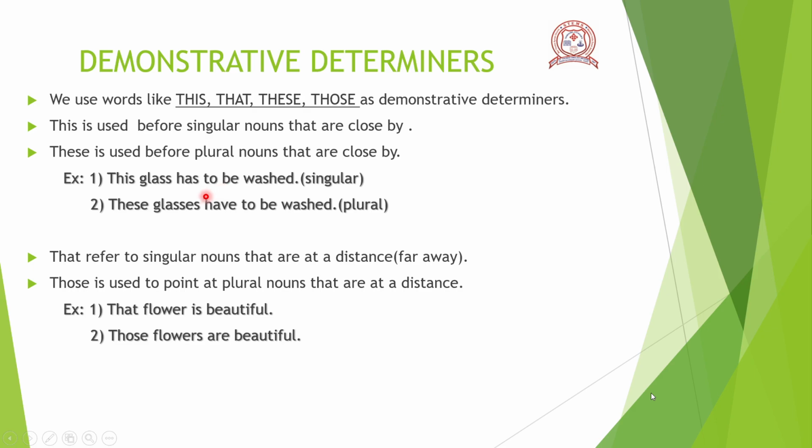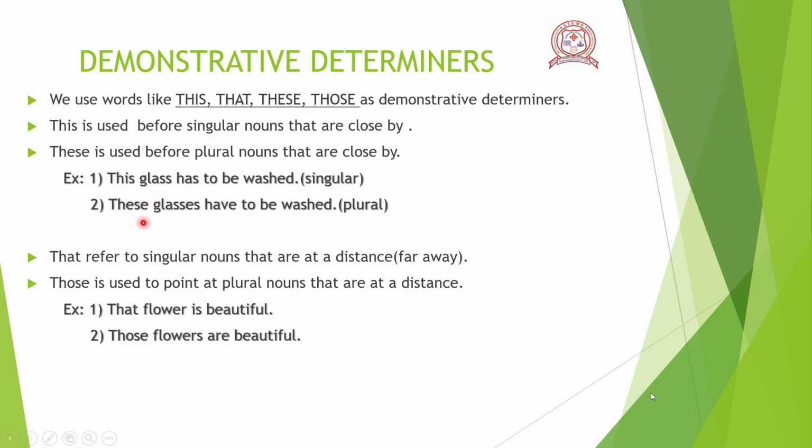For example, this glass has to be washed. Here, the glass is kept somewhere near to the speaker, the person who is speaking. So he or she is saying, this glass has to be washed. Why do we say this glass? Because it is singular. Only one glass is there.